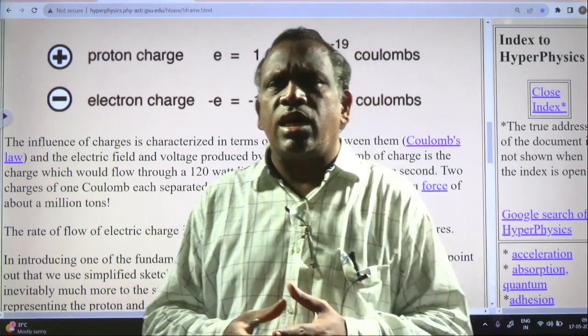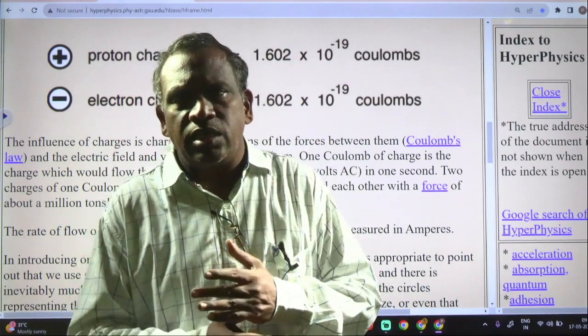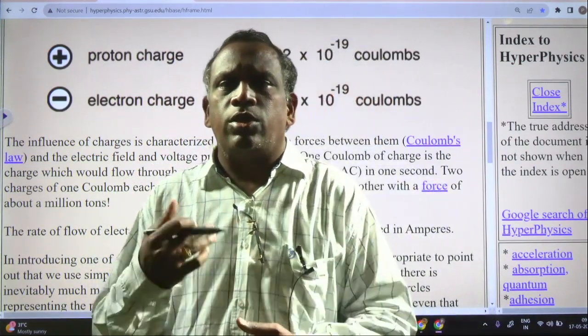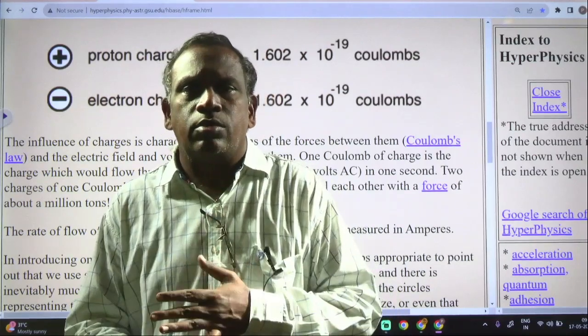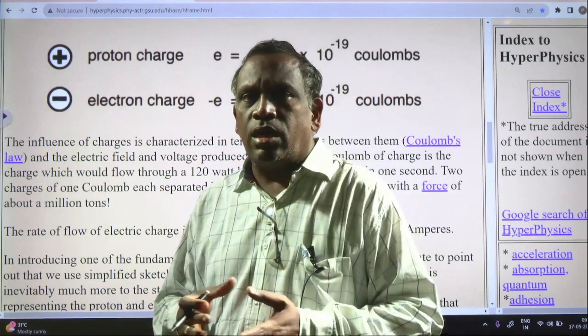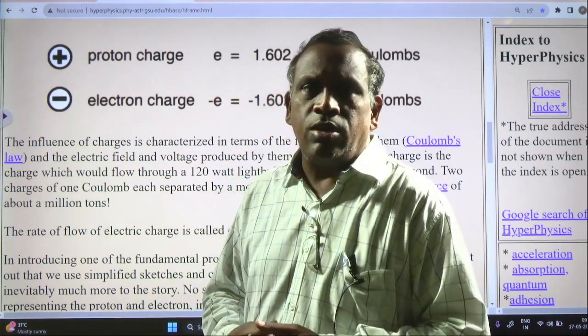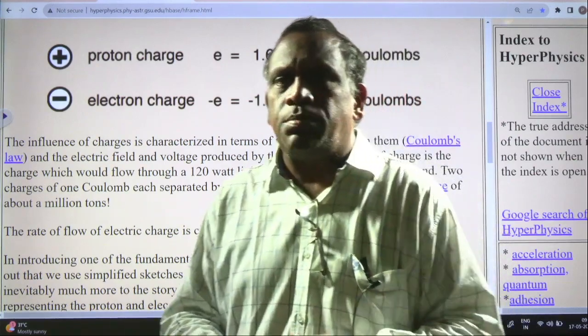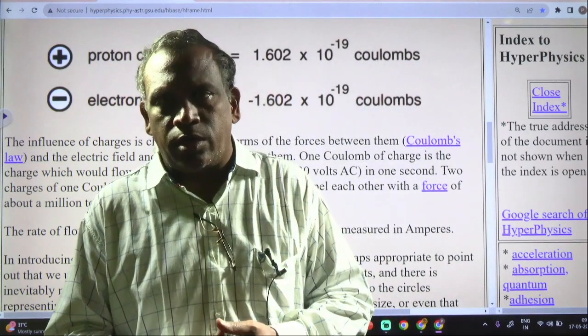Second, charge is conserved. Charge is neither created nor destroyed; it is only transferred. That's why it is conserved. And charge is a scalar quantity, which does not have any direction. You have to remember that. And 1 coulomb of charge consists of 6.25 into 10 to the power of 18 electrons.